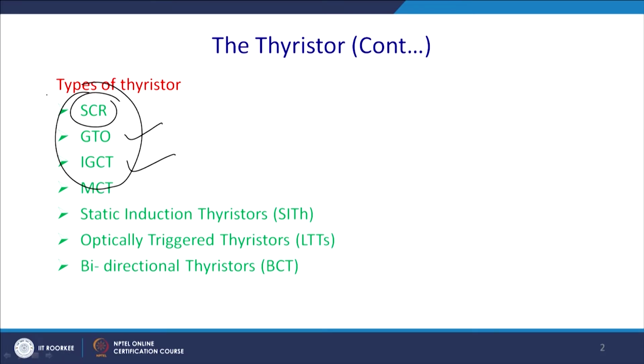Apart from that, static induction thyristors, optically triggered thyristors and bidirectional thyristors also we will try to describe briefly, but most of the applications use these segments: SCR, GTO, IGCT and sometimes MCT.